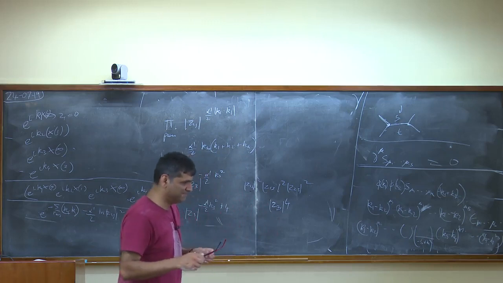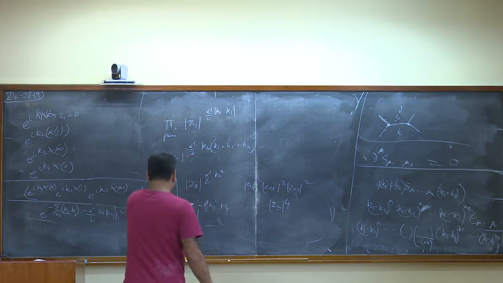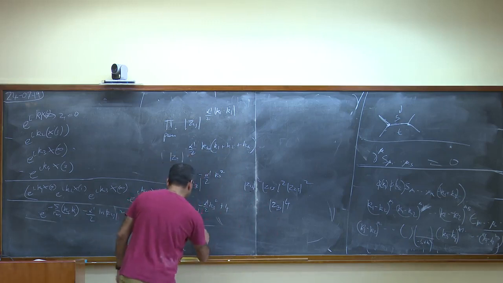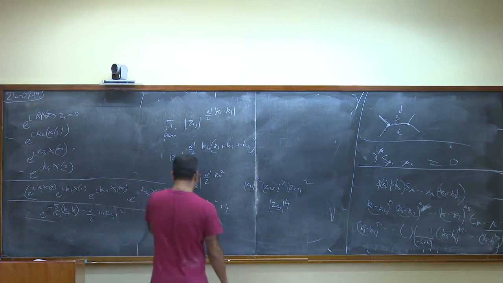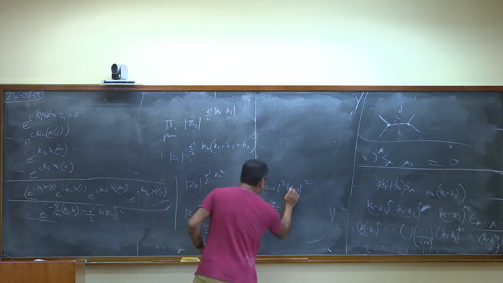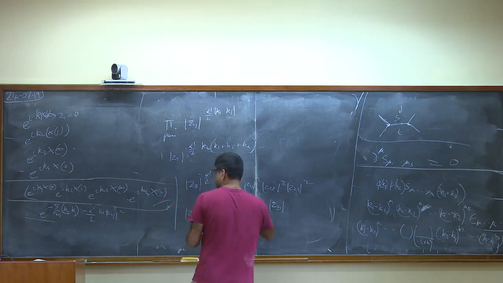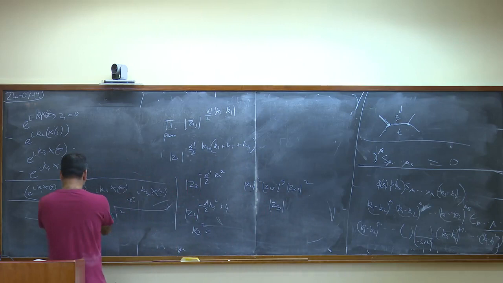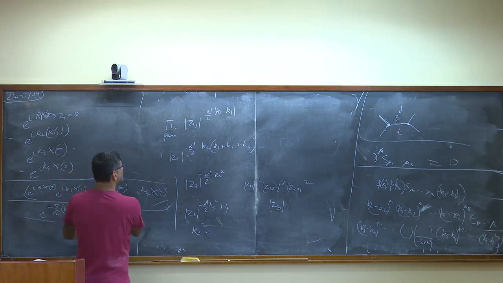I was just being stupid. Yeah, exactly. So now let's see. K3 squared was equal to 4 over alpha prime. Let's see if now I've messed this up.